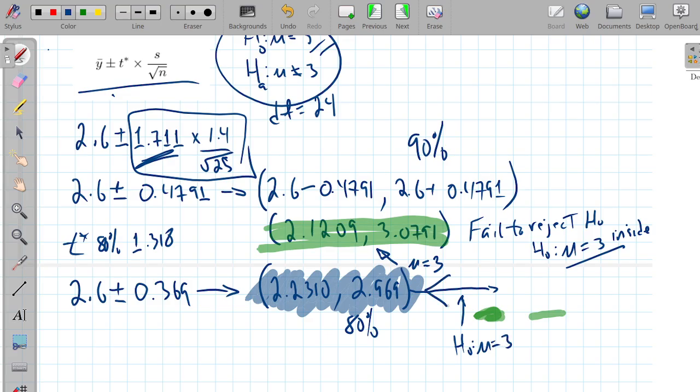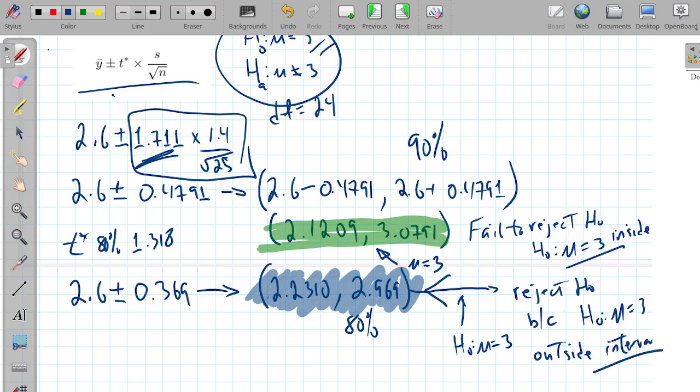Our interval here is entirely less than the hypothesized value. So that changes everything. Now we can reject H null, and the reason for that is the interval excludes it. H null, mu equals 3, is outside the interval.